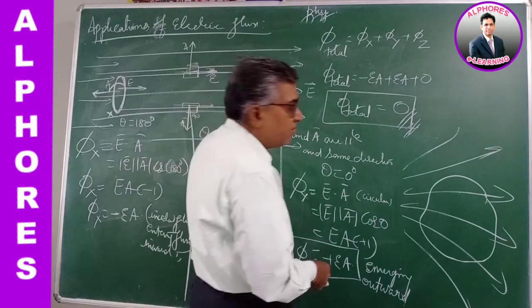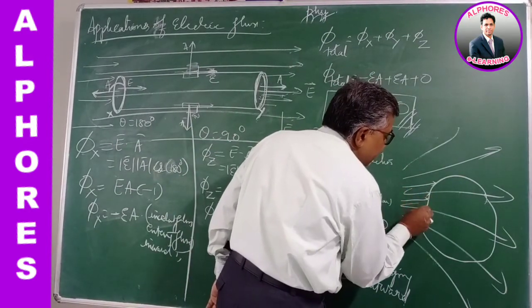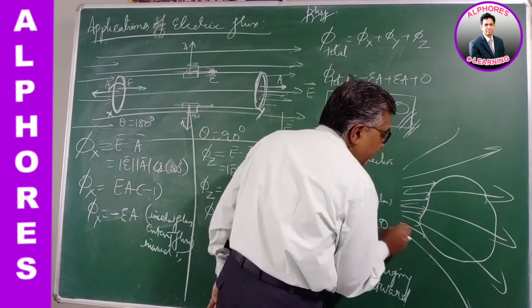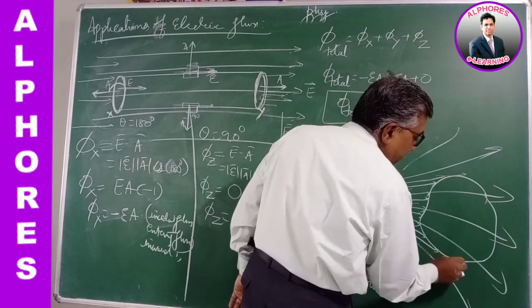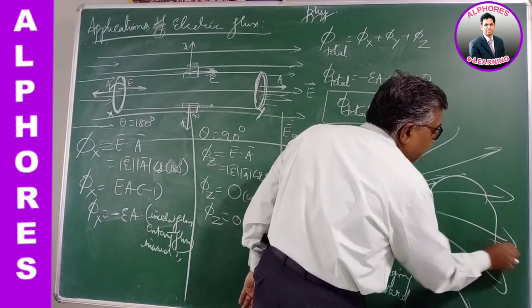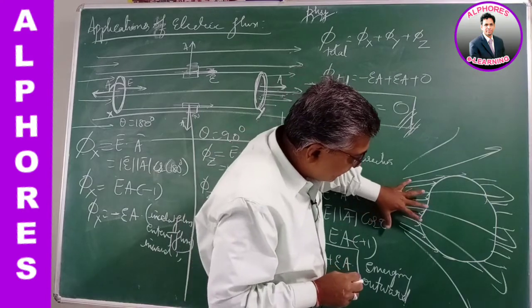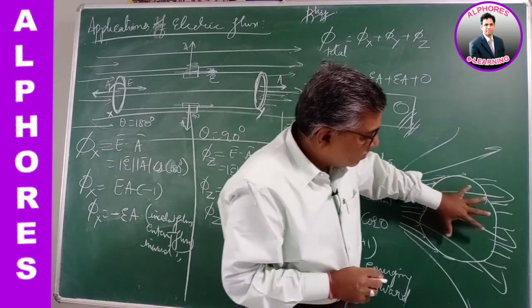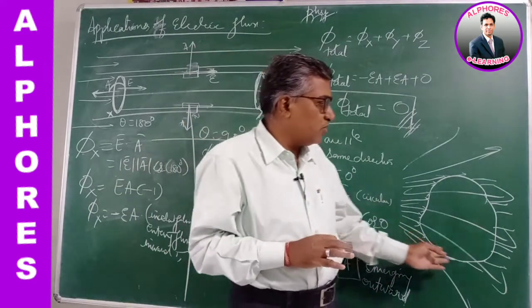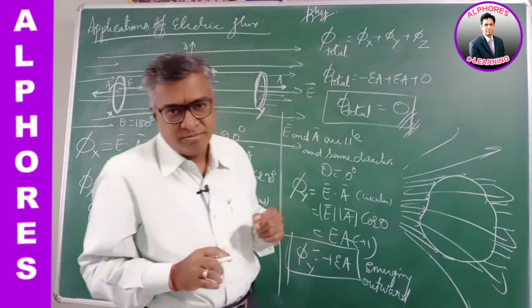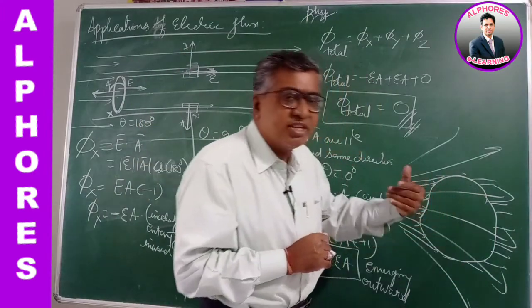Then at these points lines of force enter into the enclosure, here they are parallel, and here they emerge out of it. So the total number of lines of force entering into the enclosure is equal to the number of lines of force emerging from it. The net flux through the enclosure is 0.